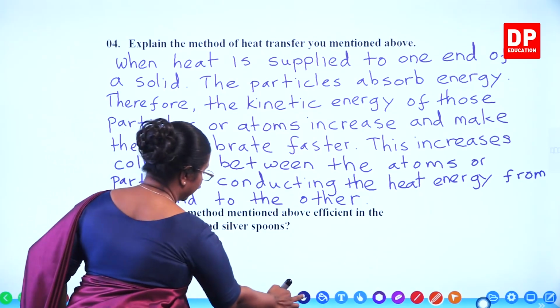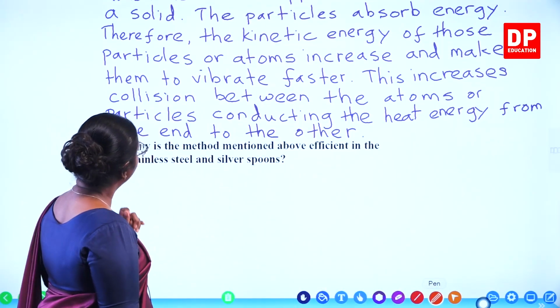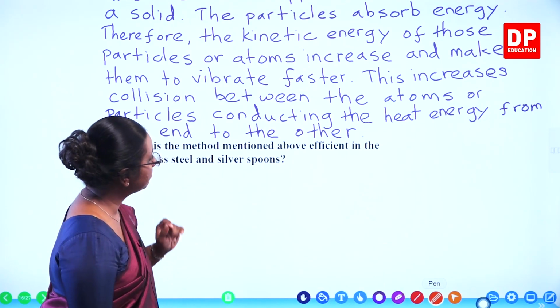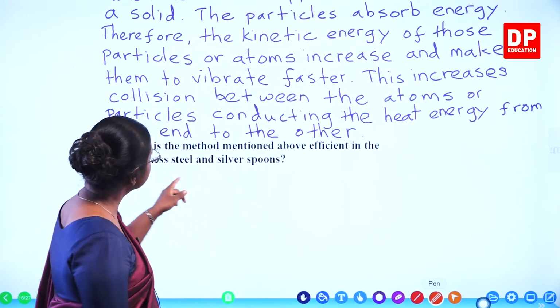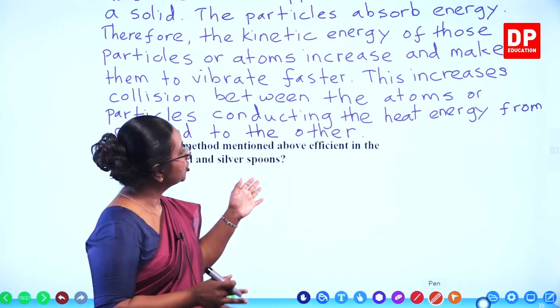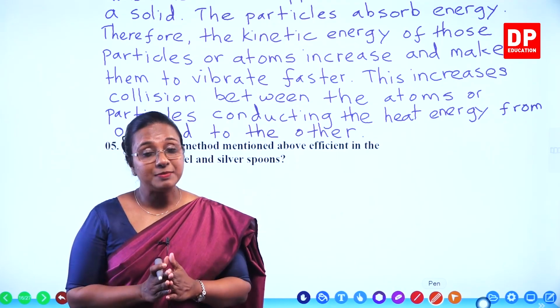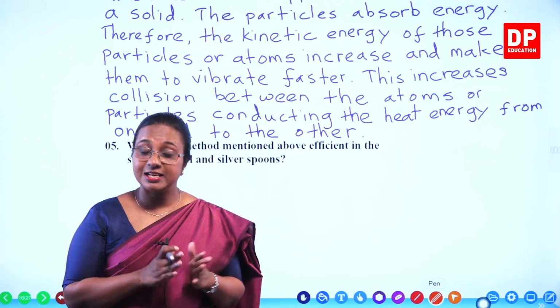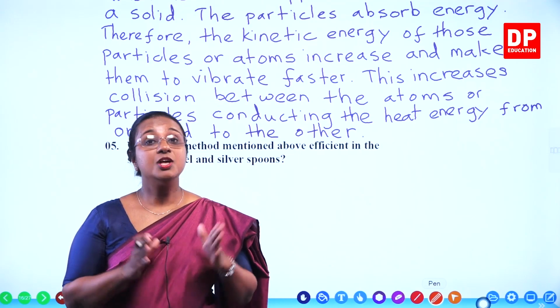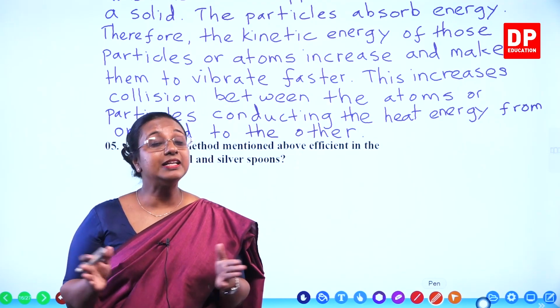Then the next question. Why is the method mentioned above efficient in the stainless steel and silver spoon? Why is it more efficient? These stainless steel and silver are metals. Silver is a metal, stainless steel is an alloy of metals. So, you know they exist in the lattice form, metallic lattices.